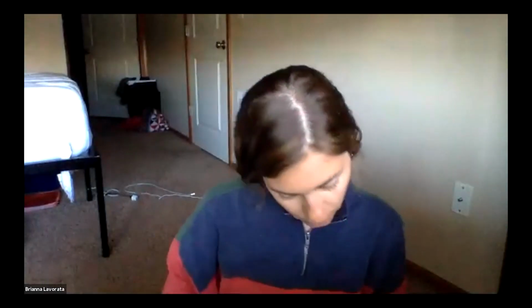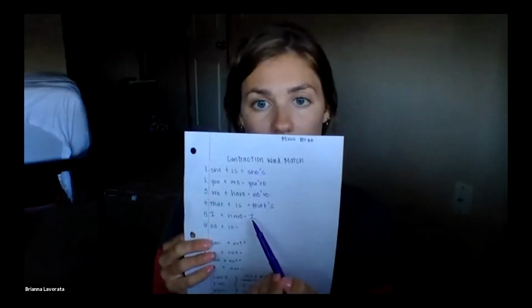Okay, so then you're going to write I plus have. So the first thing that you should have written was that I, right? The next thing you should write is that apostrophe. Go ahead and find it on your list.